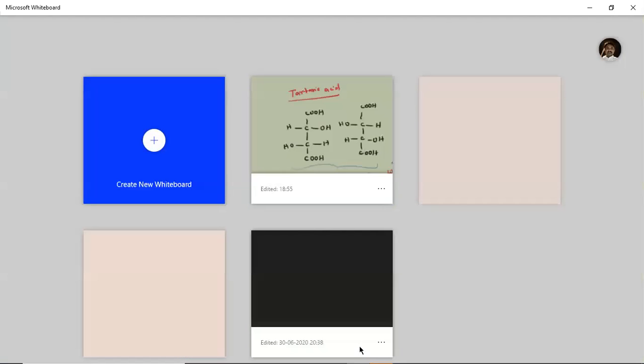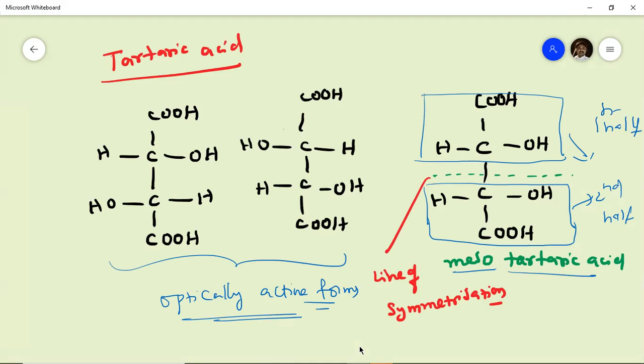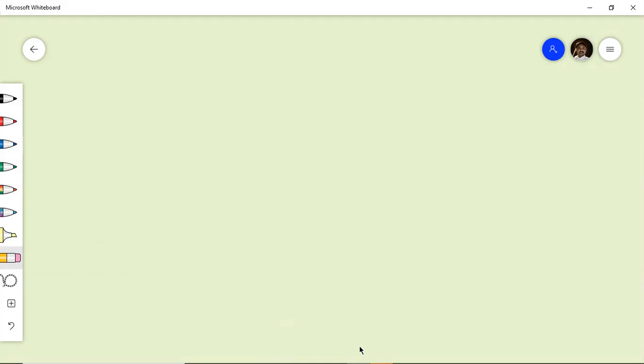Let us discuss another one. That is the first form of the type of optically inactive compound.